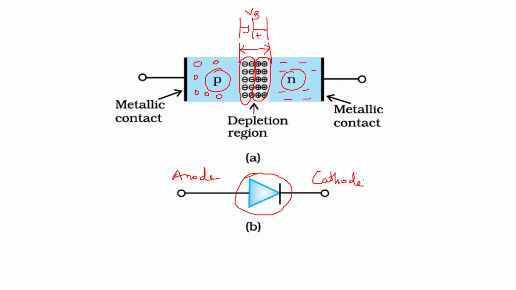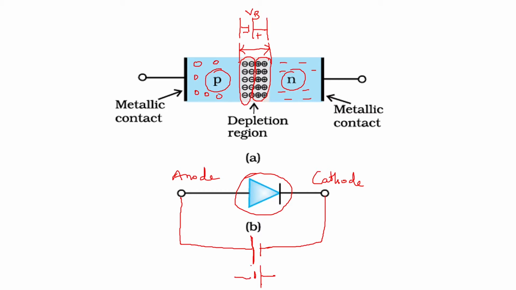Now an external voltage can be applied to this diode. The proper application of external voltage to this diode is called biasing. Whatever external voltage you apply, either you apply positive to the anode and negative to the cathode, or negative to the anode and positive to the cathode.